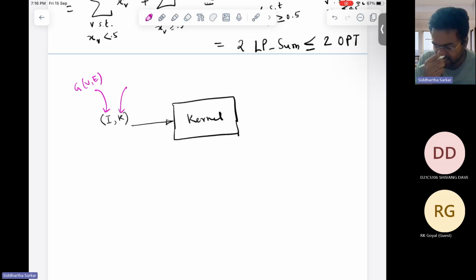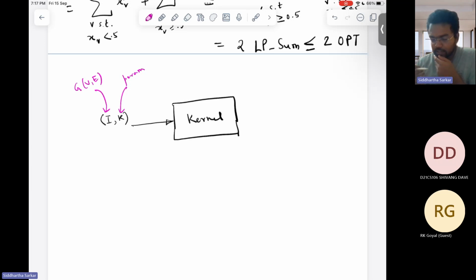That is like asking whether there exists a vertex cover of size at most k. This is the parameter of the instance. Because we are in the domain of parameterized algorithms, we always have fixed parameter tractability with respect to some parameter. In this case, the parameter is the output size, whether the output size is at most k or not.